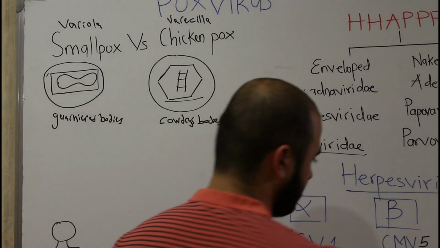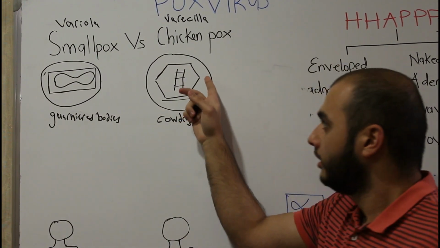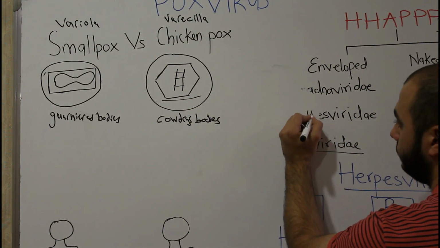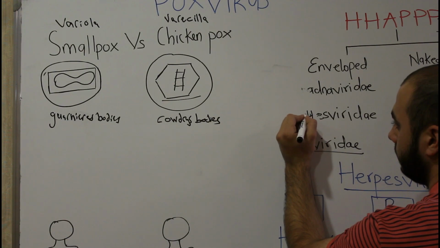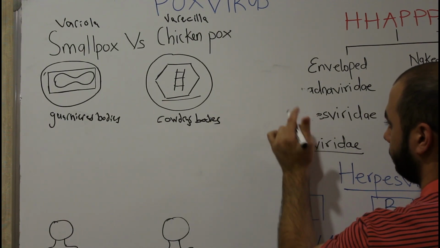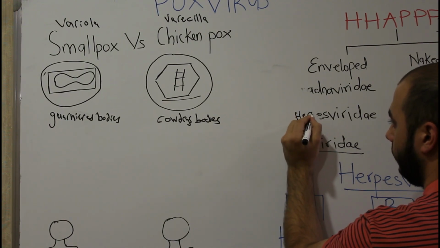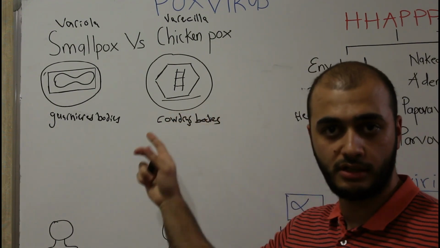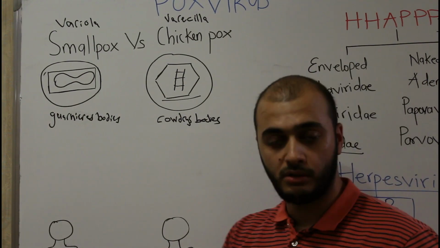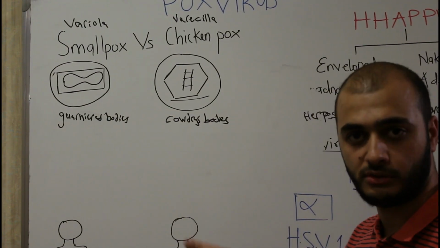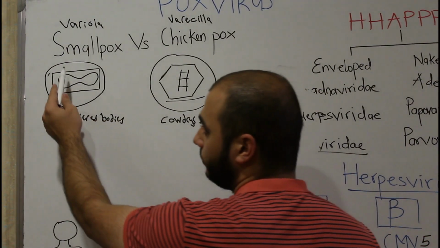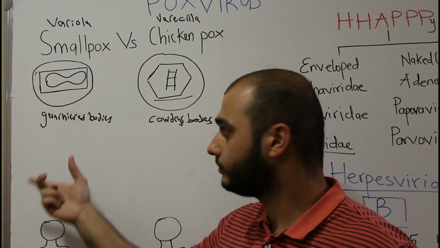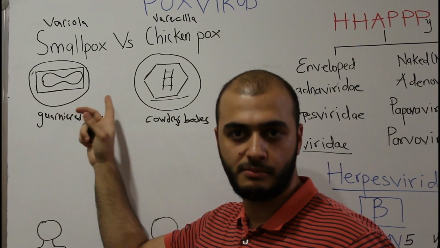The other difference: all herpes family viruses take their envelope from the nuclear membrane while leaving the cells, while smallpox and the rest of the DNA viruses take their envelope from the cellular membrane.